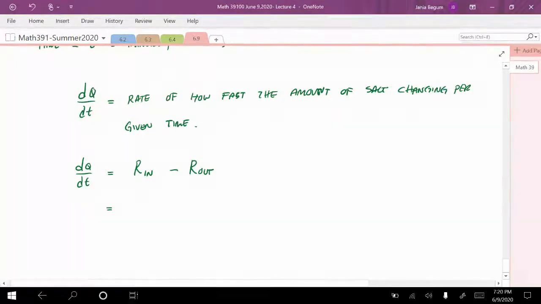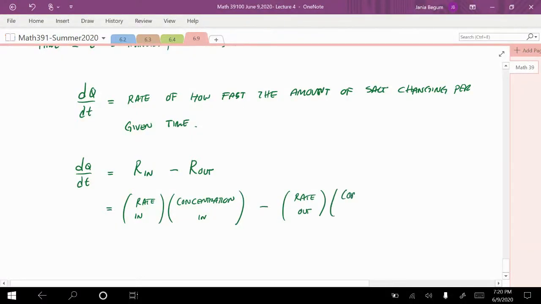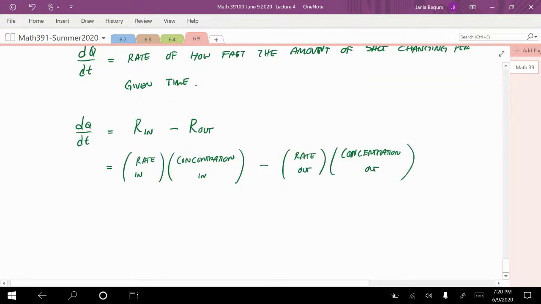So I can rewrite the big R with this notation. So we can say rate in times concentration in. And rate out is going to depend on how much liquid is exiting. So we can say rate out times concentration out. So these are the words to measure big R in and out.